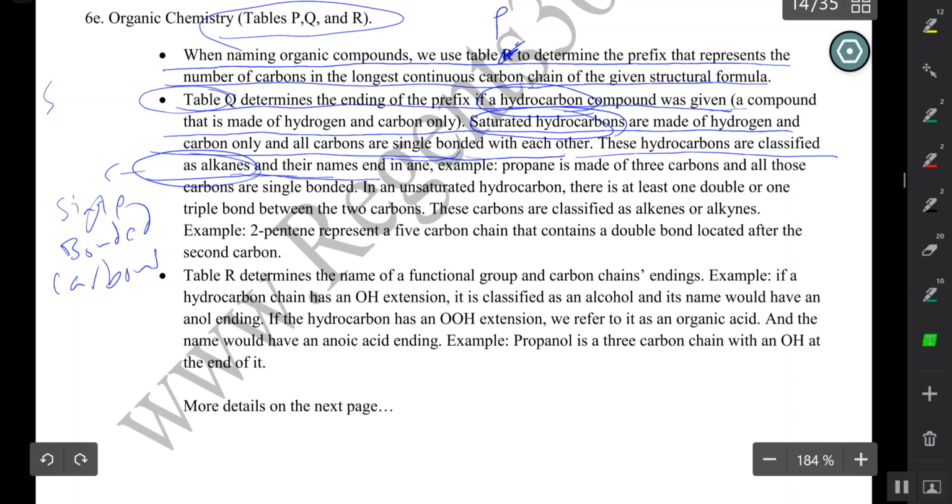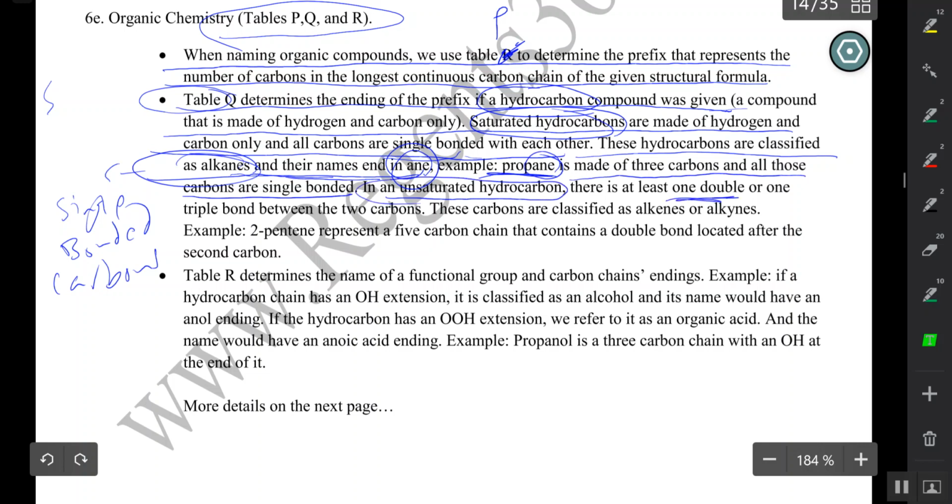Alkanes, and their names end in A-N-E. For example, propane is an example of a saturated hydrocarbon. It ends in A-N-E. It belongs to the alkane group, made of 3 carbons, and all those carbons are single bonded. In an unsaturated hydrocarbon, there's at least 1 double bond.